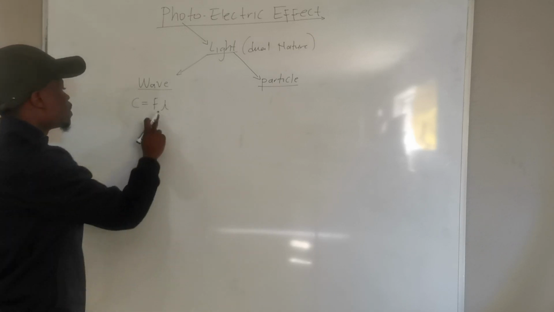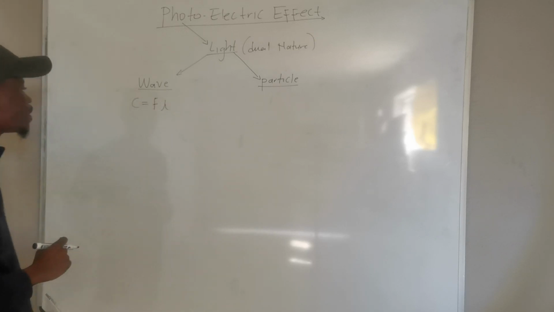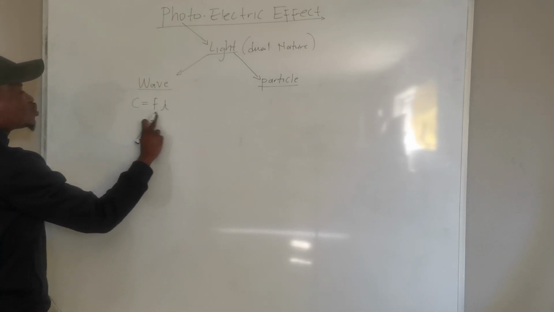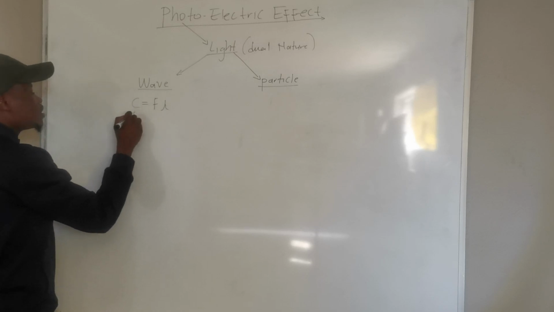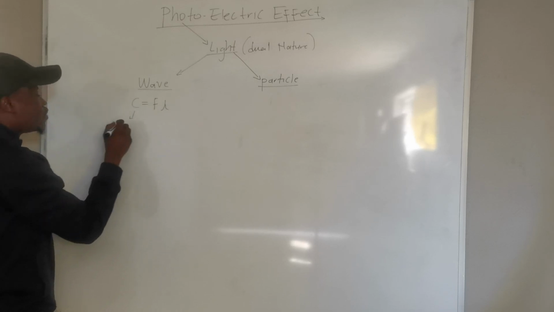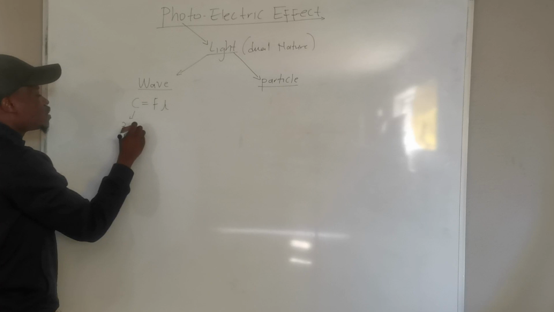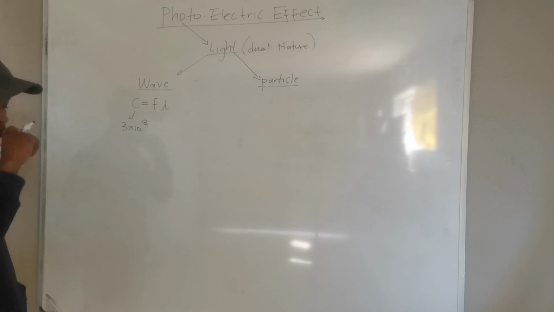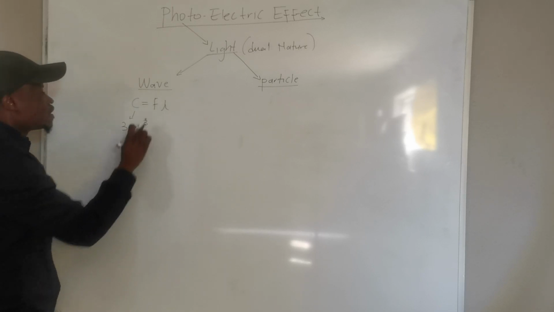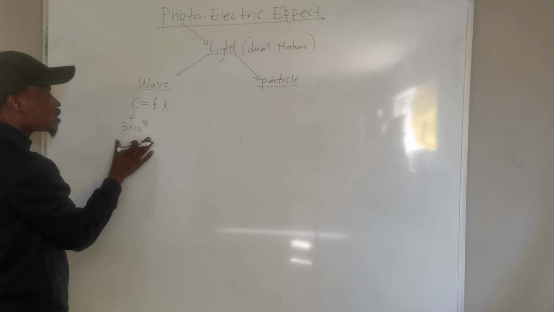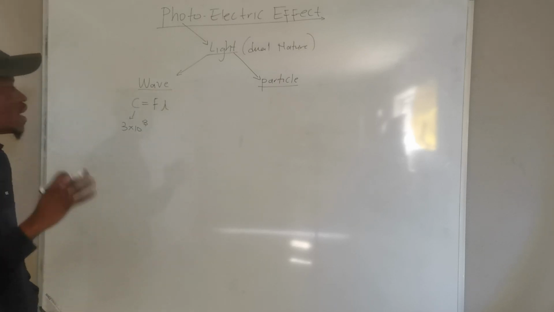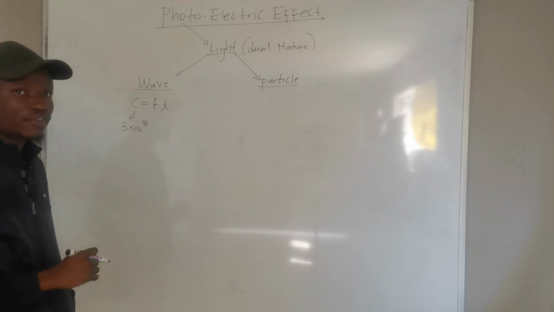This is the speed of light in a vacuum, which is always given to be 3 times 10 to the power 8 meters per second. Therefore, this one being a constant, it gives the relationship between the frequency as well as the wavelength.